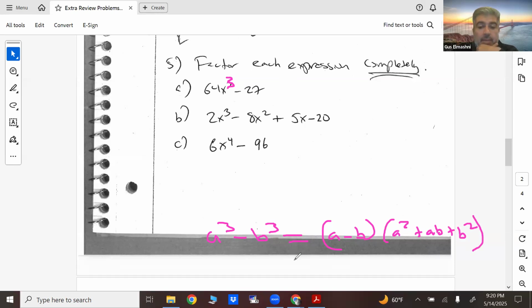So that formula will be provided. If you think about it, 64x cubed is in a cube's position. That means a has to be 4x. If I cube 4x, I do get 64x cubed. 27 is in b cube's position, that'll be 3.